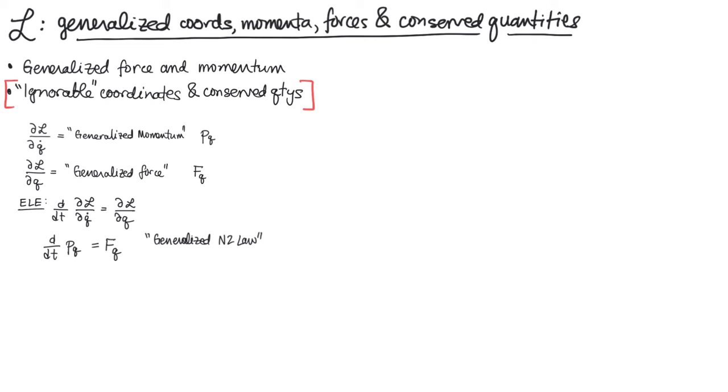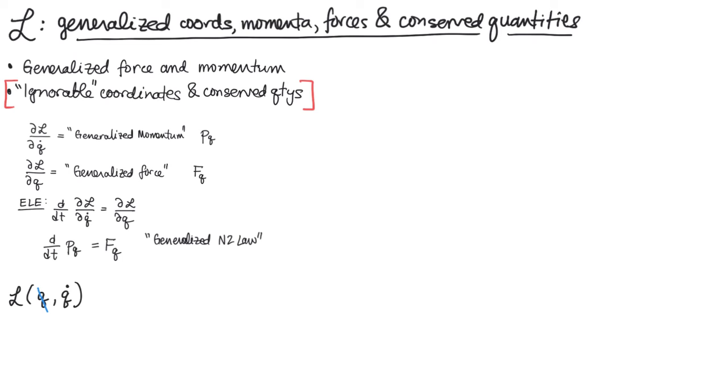So let's say you have a Lagrangian, and in general that Lagrangian could depend on a coordinate and the velocity, but let's say for some reason, and we'll show an example in a minute, the Lagrangian only depends on q dot, but not q.